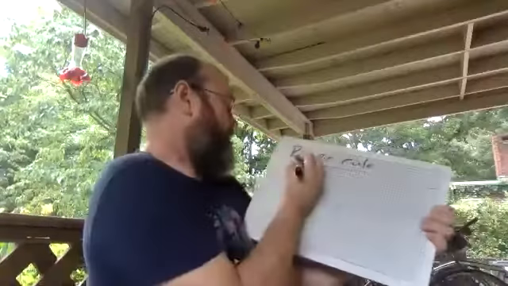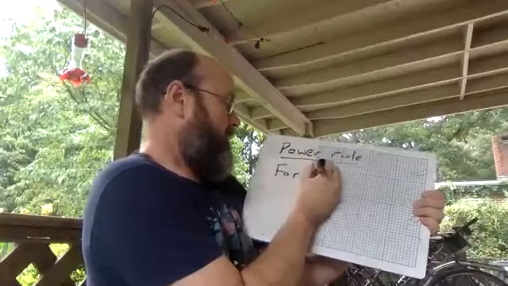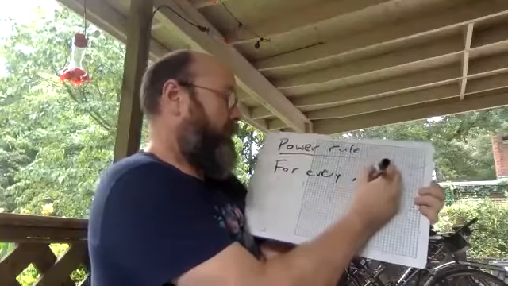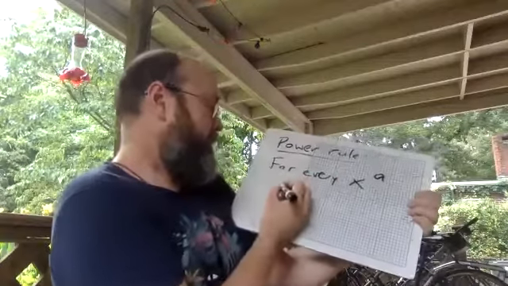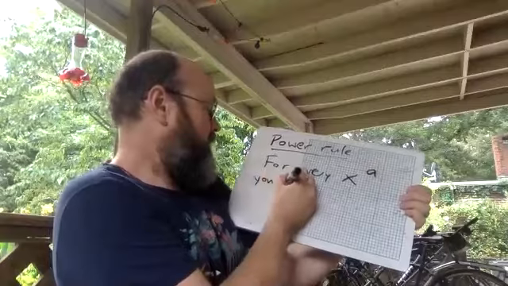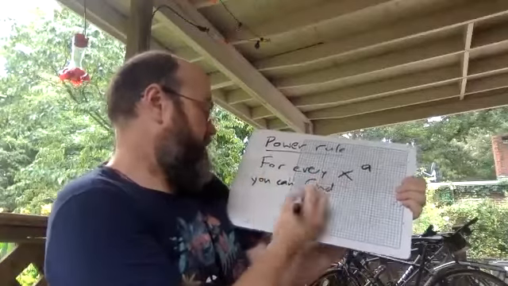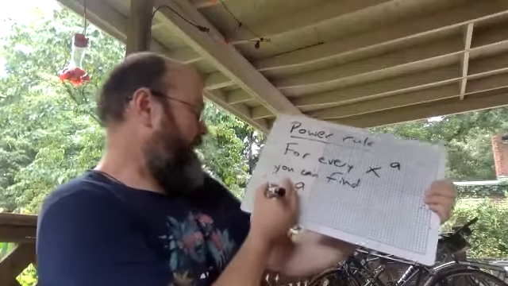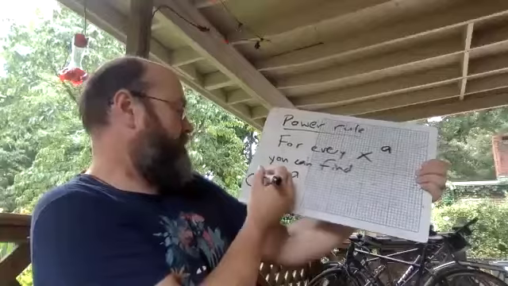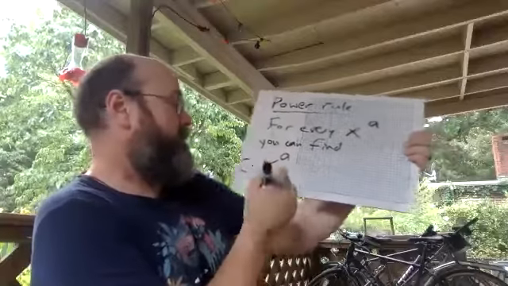I'm just saying, for every x to the a, you can find x to the a times some constant, usually times some constant. We're just going to let this be any constant for now.